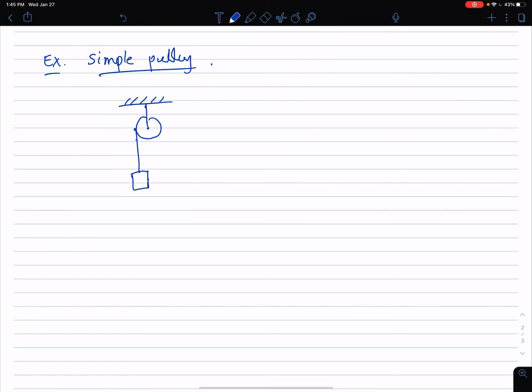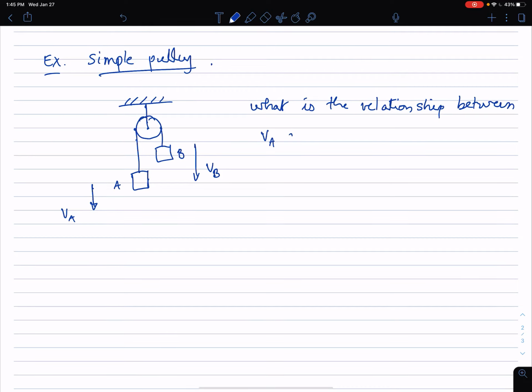Let's say we have two masses, A and B. Let's say the velocity of A is VA in this direction. The velocity of B is VB in this direction. What is the relationship between VA and VB?